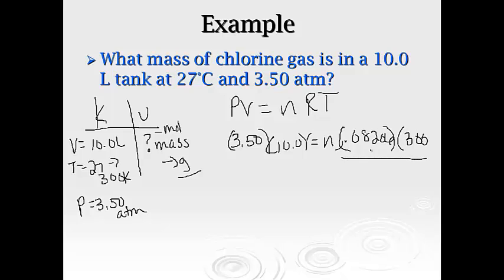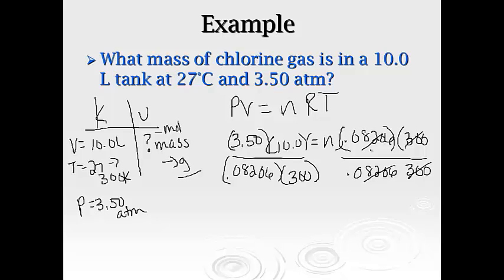We've got to get n by itself, so we divide both sides by 0.08206 and 300. Be careful when you do this math. You want to make sure you take 3.50 times 10, hit equals, take that, divide it by 0.08206, equals, divided by 300. So make sure you're getting the math correct for the order of operations here.